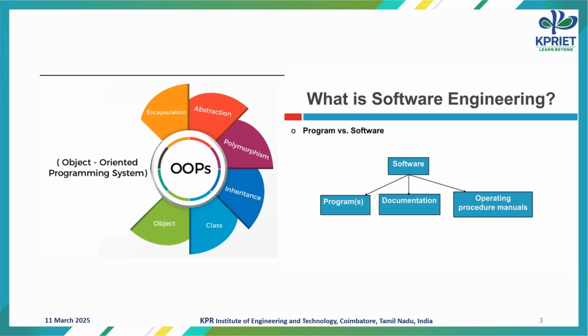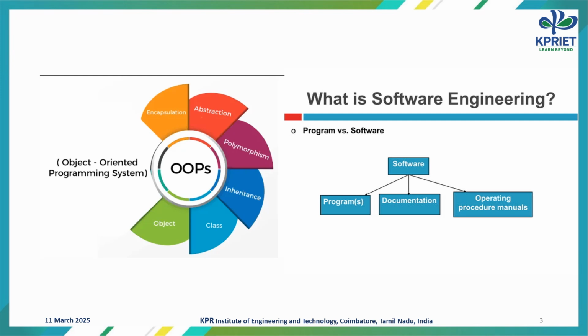Next, documentation: how it is working, that is documentation. Whatever you are doing, you have to maintain it as a document. Next, the operating procedure manual is nothing but how it works.